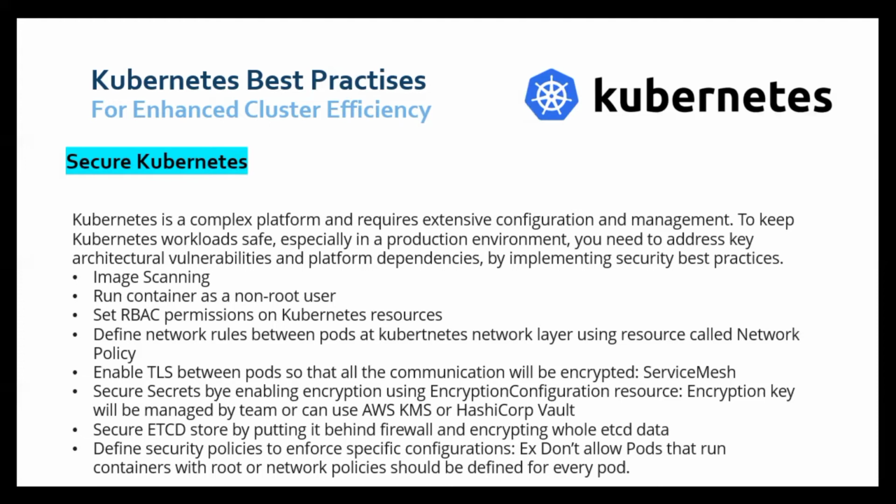Let's take a small example, like a developer. At the end, the developer is the entity who works on Kubernetes, right? So a developer should not be able to delete any object from Kubernetes. He or she should only be able to read those objects, not delete.